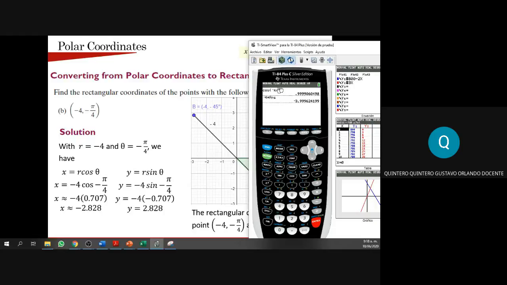In this case, the calculator is in degrees. We just put an angle in radians, but the calculator is calculating in degrees. So that is a huge problem.